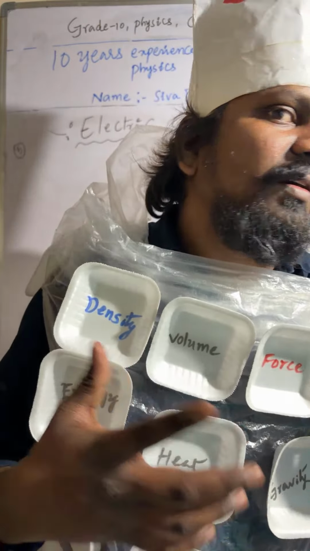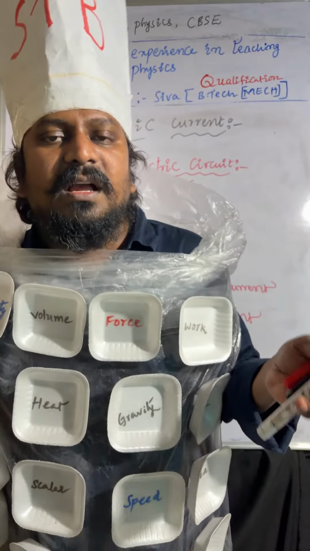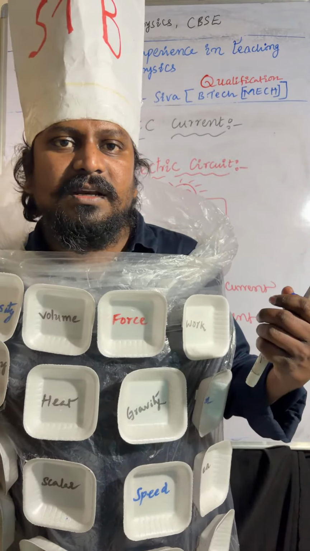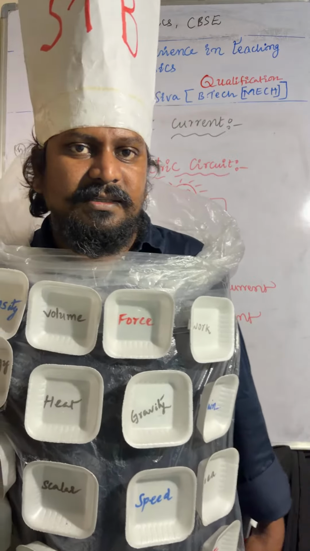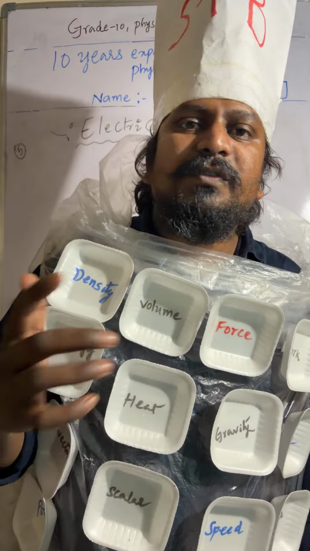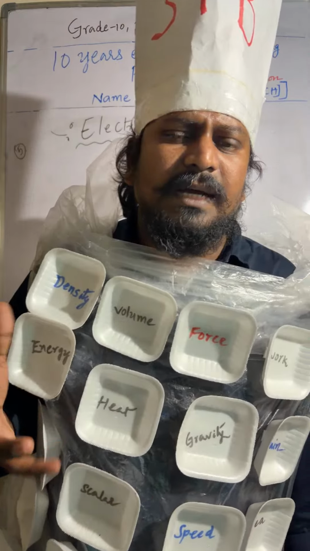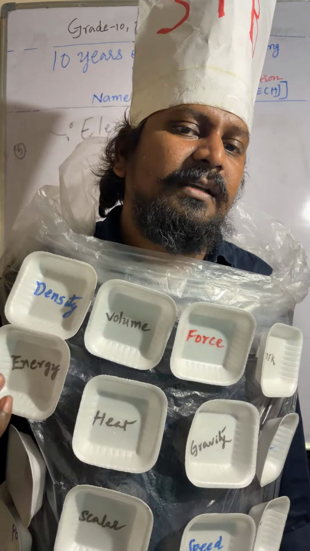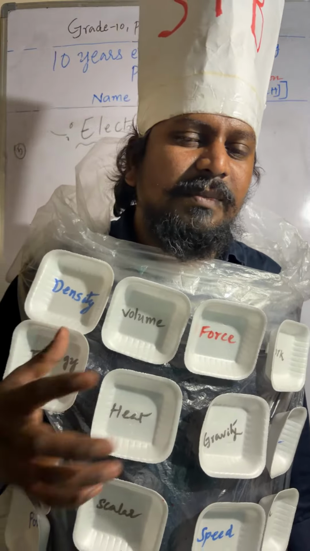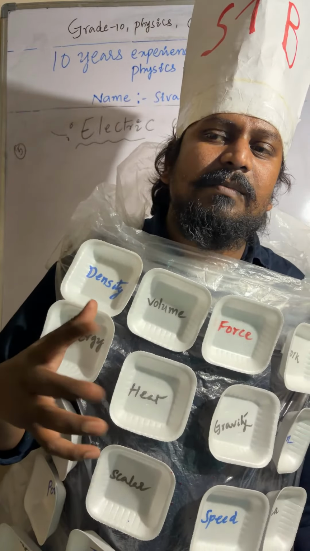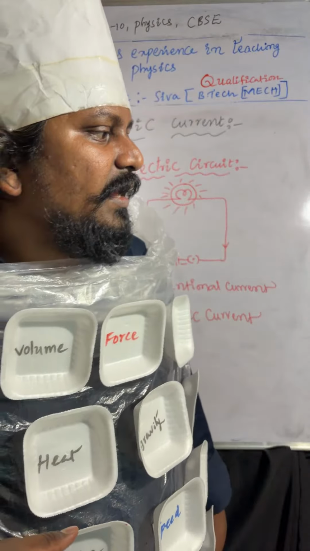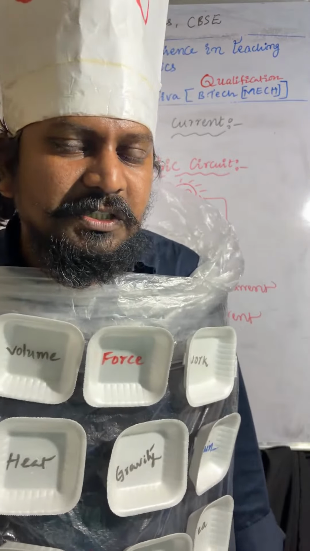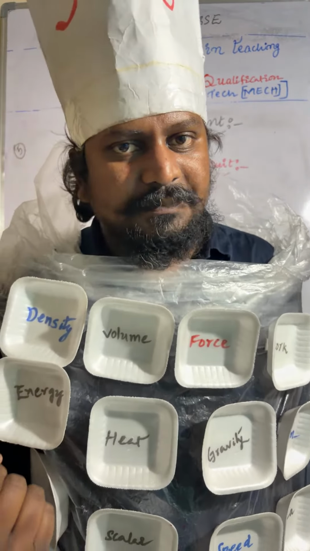Sir, why are you calling these two types of current? Only one current is there. But actually, before the discovery of the electron, proton and neutron, the elementary charges, they had already given the statement that the flow of positive charges is considered the electric current.